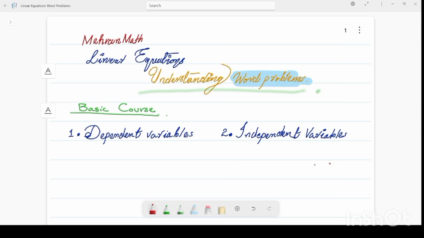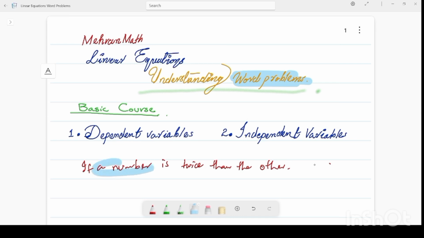For example, there is a situation describing two types of numbers, that says if a number is twice than the other. So here we are discussing two numbers.